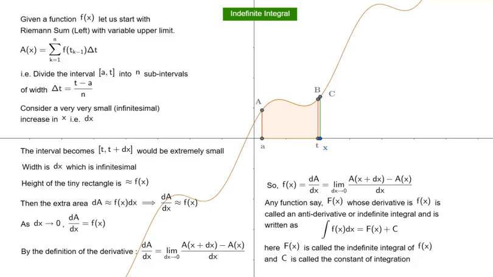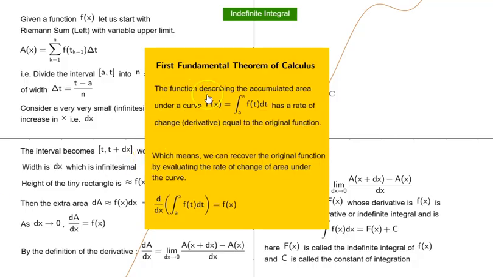What is interesting here? The interesting aspect is that the function describing the accumulated area under a curve f of x, which is the integral from a to x of f of t dt, has a rate of change equal to the original function, which means we can recover the original function by evaluating the rate of change of area under the curve.